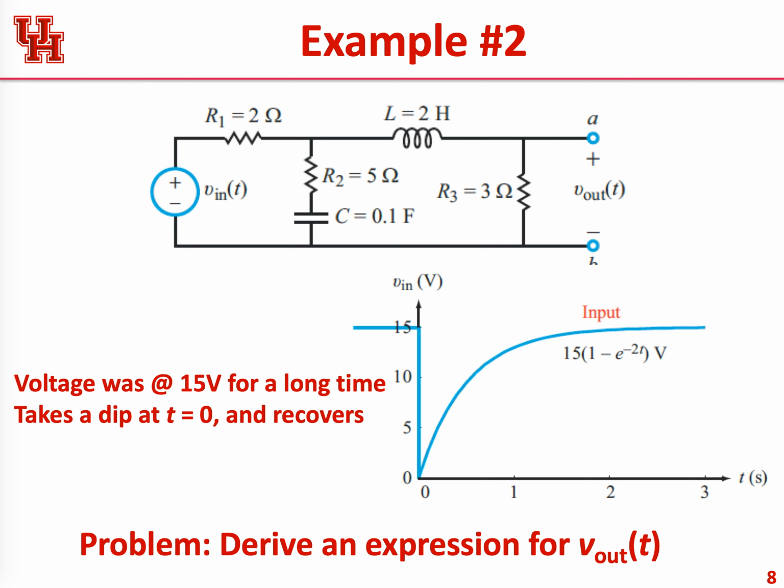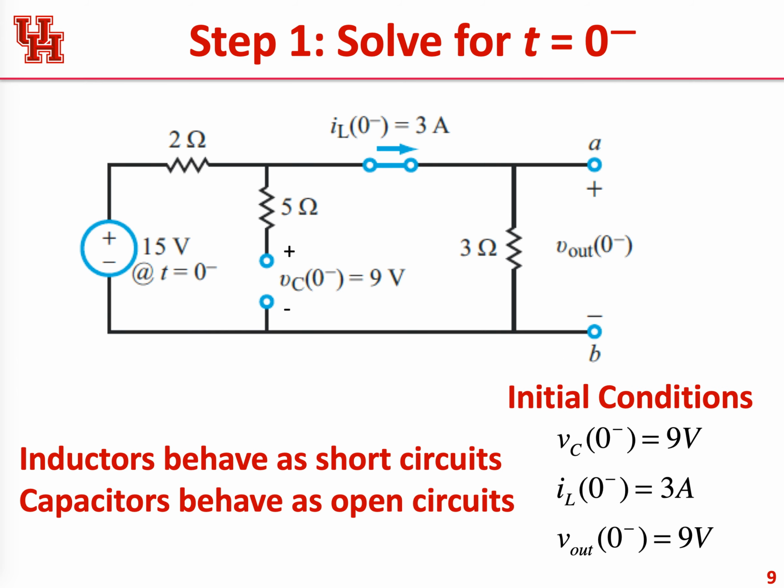So under these kinds of steady conditions, let's start to rewrite this circuit. We're going to have an input voltage, and this is going to be 15 volts. Then we have this resistor, which is 2 ohms, and a resistor here, which is 5 ohms.